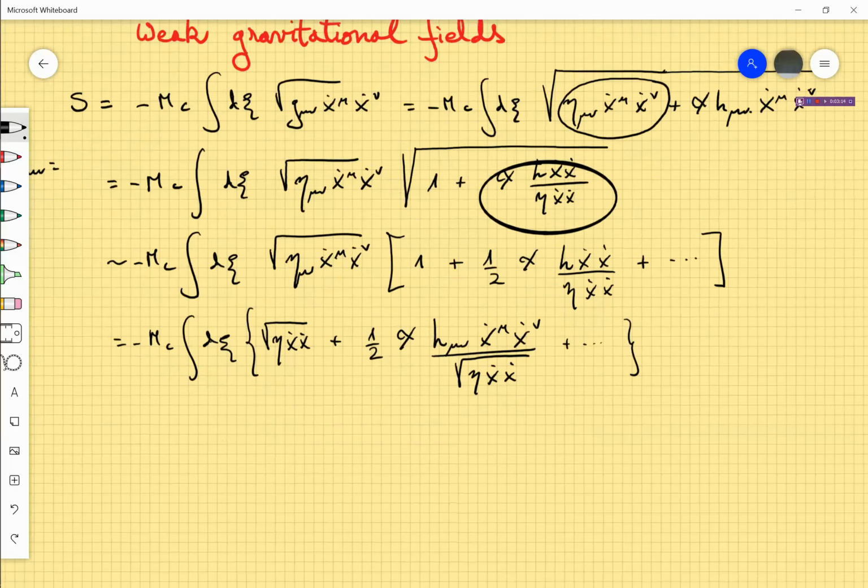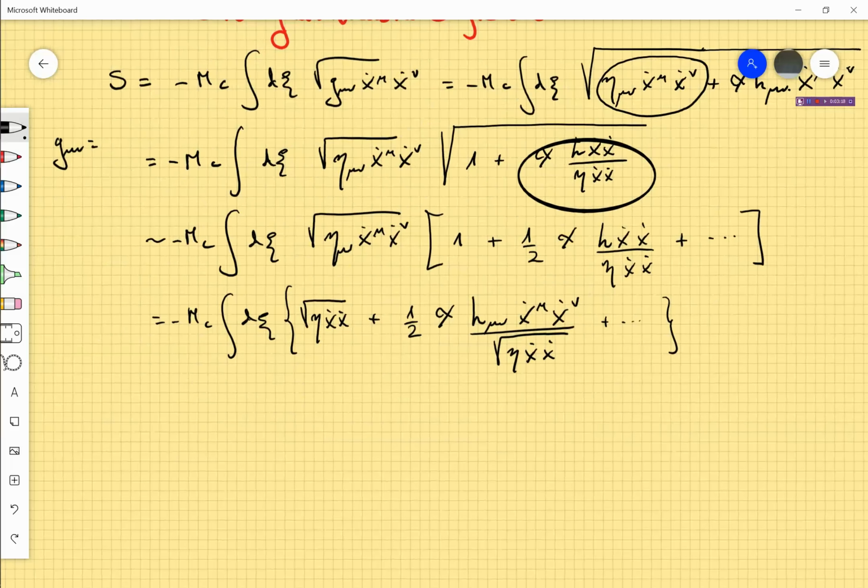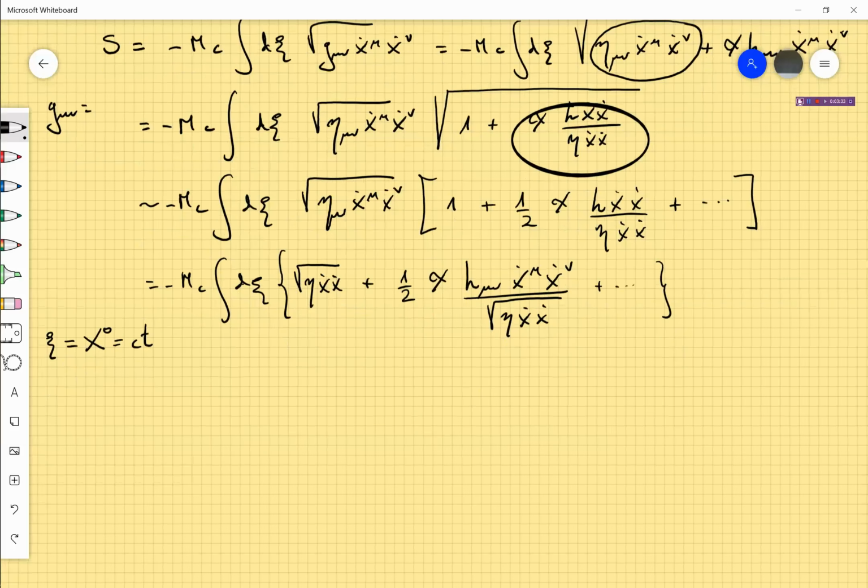Okay, the next step will be to rewrite this action in the static gauge. The static gauge is the one in which the evolution parameter is just x0, and so it can be identified with ct. And doing this, we have minus mc squared from this dt.